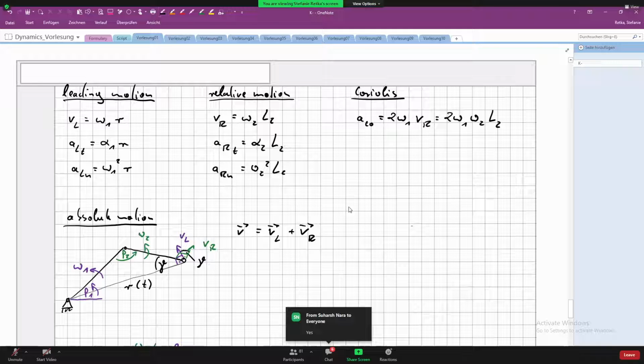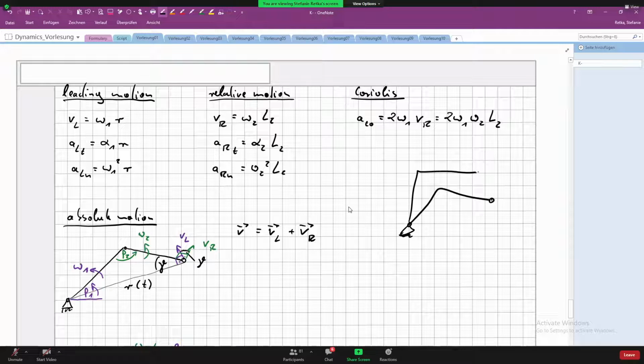I did draw this figure. Leading motion, that's our starting position. Then sometime later it's here, and then it's here, etc. So this is the circular path our clamshell follows.